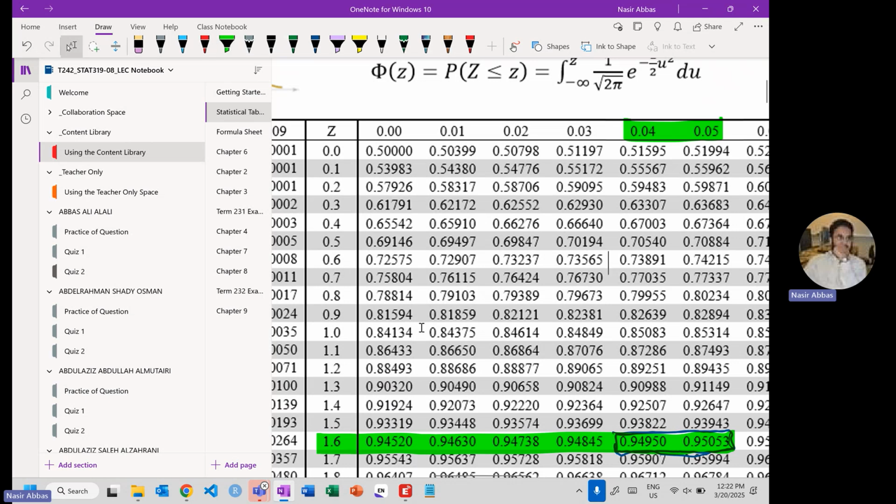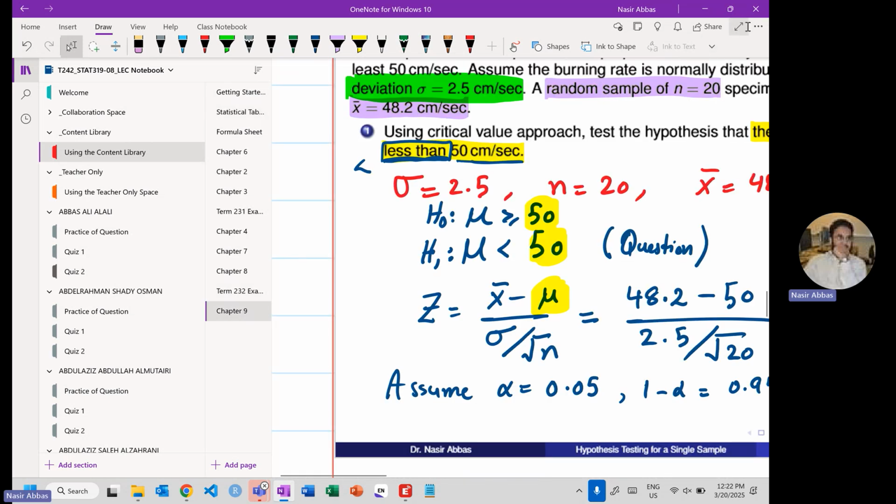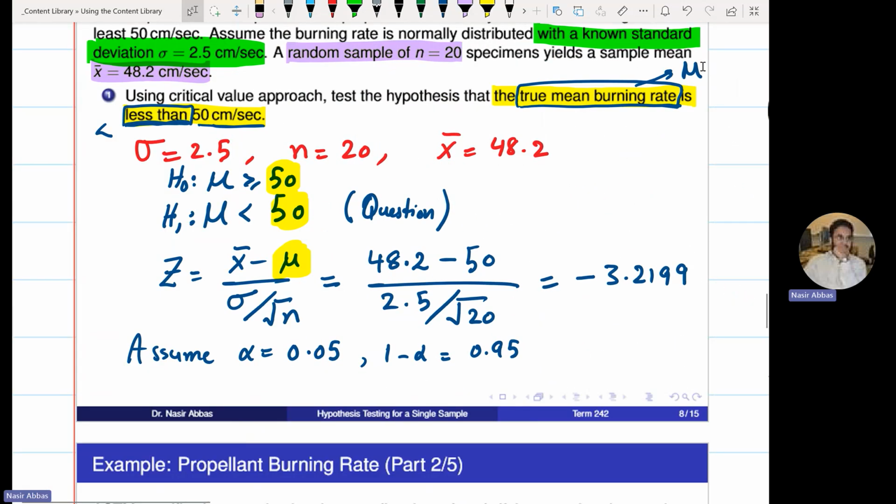So what is in the middle of 1.64 and 1.65? 1.645. You can take 1.64 or 1.65. 1.65 was far, 1.64 was closer, but the better thing is to take 1.645 because the value was almost in the middle.